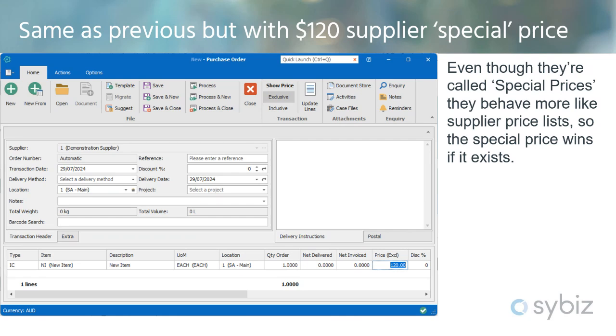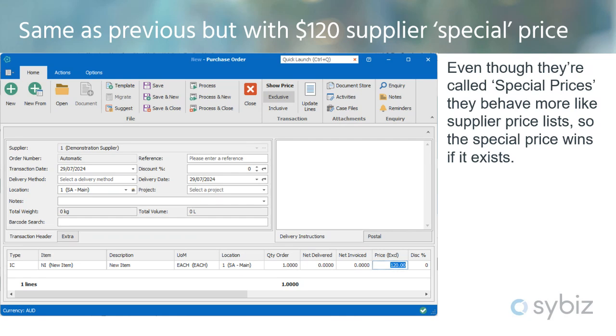So even if that special price is greater than either the last cost or the previous purchase, it's basically saying, okay, well, this is essentially the supplier's up-to-date price list, and that is what we're going to be using. And that's the case if you've never purchased before as well, it's still going to be using that supplier price.